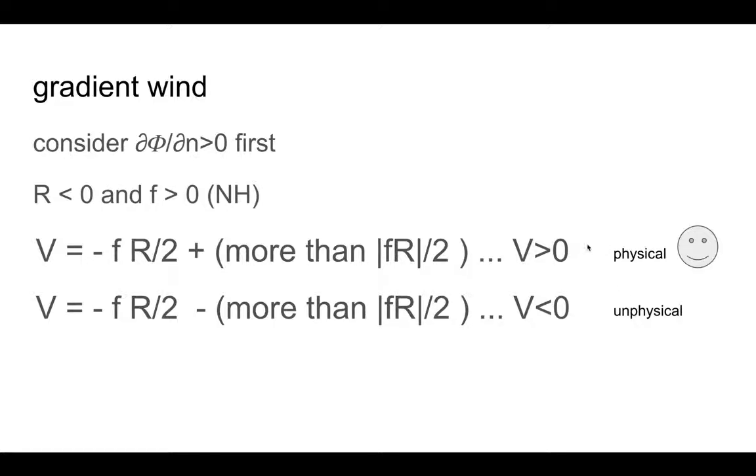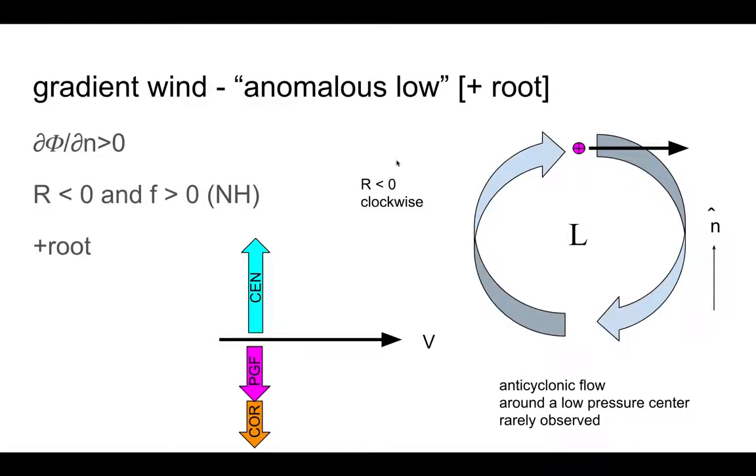So let's look at the force balance diagram in this case, where we end up with a physical solution where d phi dn is positive, but R is negative. And we call this an anomalous low, and it's the positive root of that situation. Okay, so with a negative radius of curvature, that's a clockwise turning, that's an anticyclonic turning of the flow.